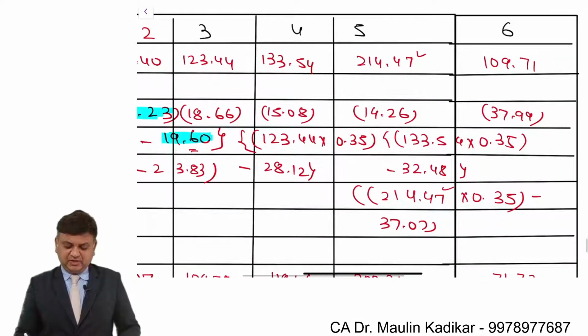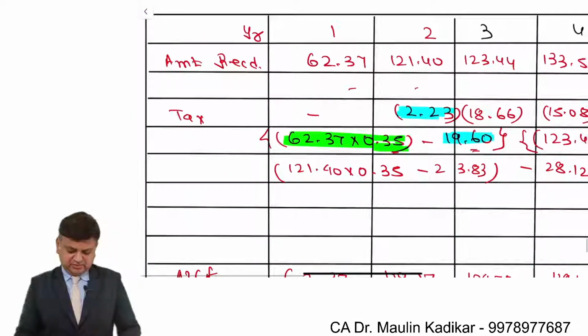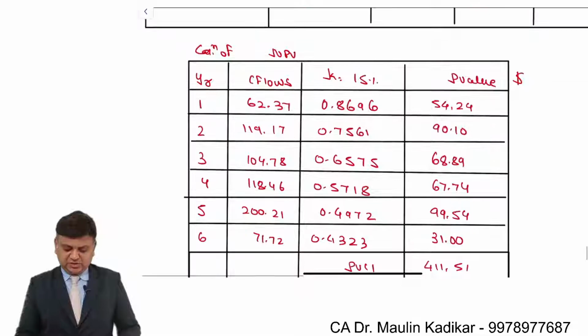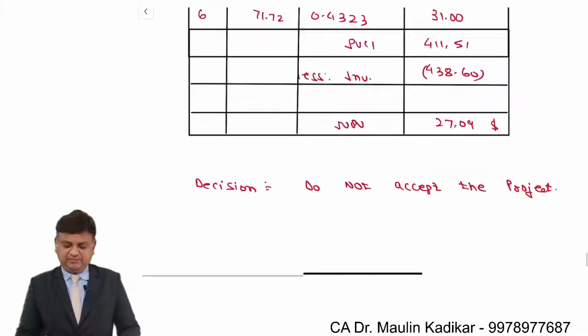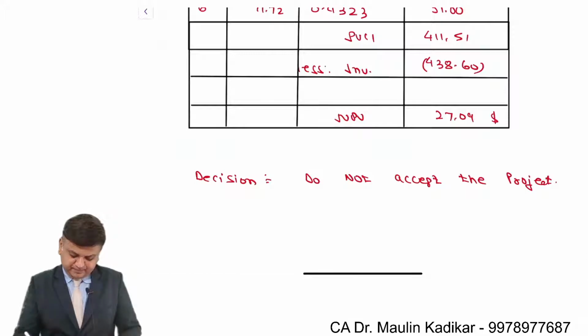This is done from year 1 to year 6, year 2 to year 6. Cash flows discounting, and based on that NPV is calculated. NPV is negative, so do not accept the project.